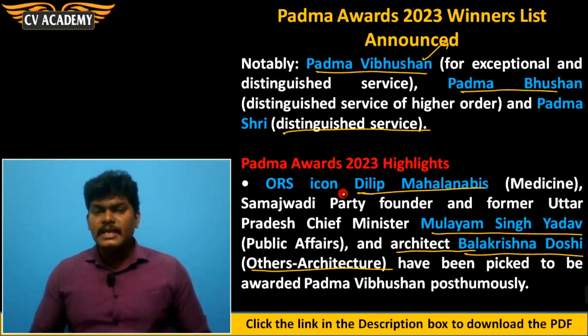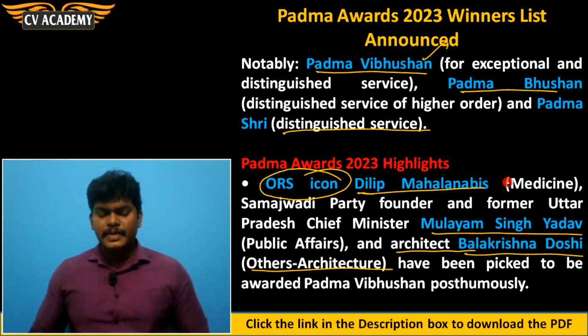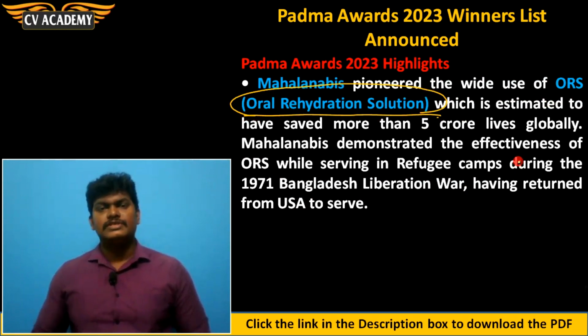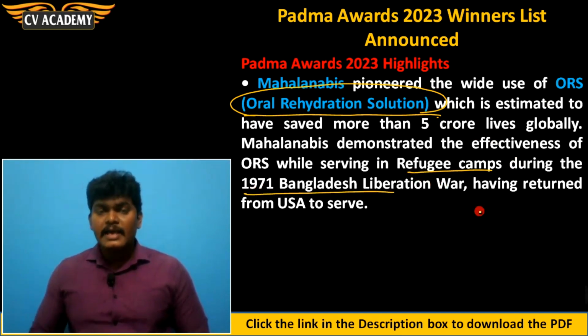Dilip Magalanobi sir, actually he is the person who is behind the pioneer of the oral rehydration solution. He had invented this ORS solution. Actually previously this ORS solution he had introduced during the refugee camps in the 1971 India-Bangladesh war. So in that refugee camps, he had invented oral rehydration solution.